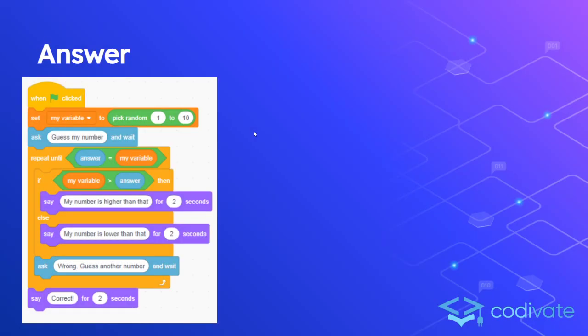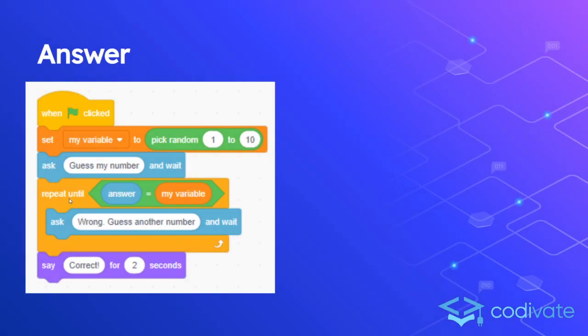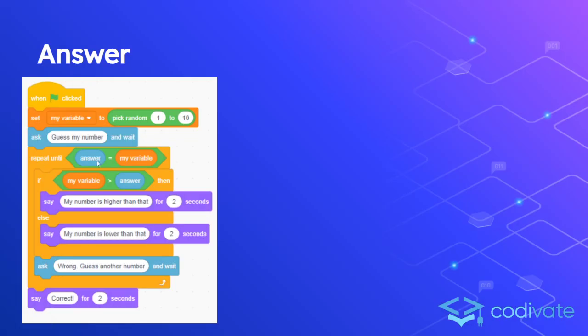Alright, so this is much bigger, but if you think about it, the only thing that's different is what's inside of the repeat until. The only thing is that you just added this extra if. If you go to the other one, it's the same thing. There's a repeat until answer equals variable with an ask at the end. This is the same thing. Repeat until answer equals variable with an ask at the end. But there's just an if right here.